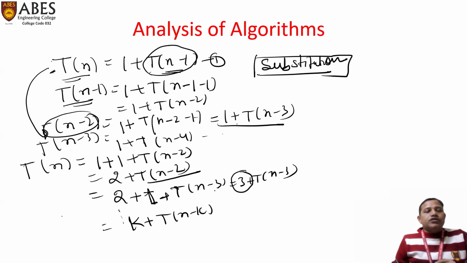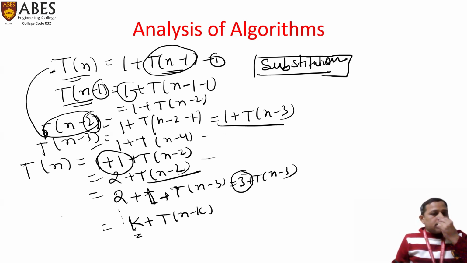this is the number of times you reduce the value of the input size. T(n minus 1) gives 1 plus, T(n minus 2) gives 2, T(n minus 3) gives 3. If you repeat this step k times, then it will be T(n minus k).